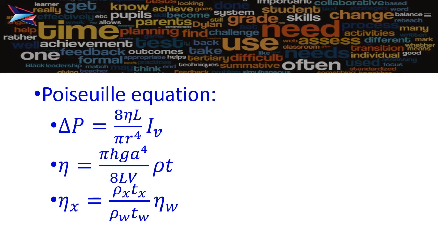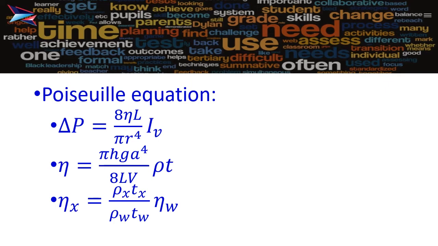Eta x is the viscosity of the liquid which we do not know yet, and we will compare it to eta W, which is the viscosity of the liquid which is already known. In this case, we are using water. That's why the index here is W, meaning this is the eta for water.